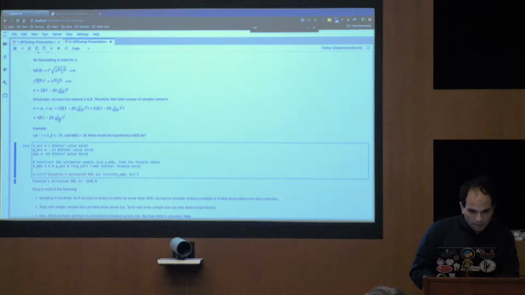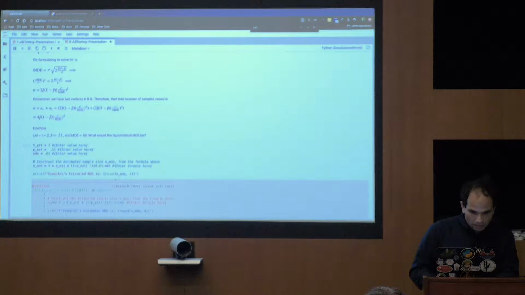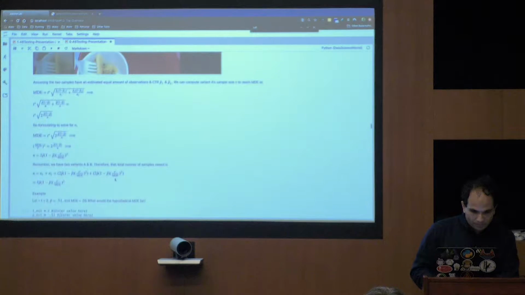Come back here. This t value divided by our minimum detectable effect value, where t is 2 and the MDE is 0.05 as stated.